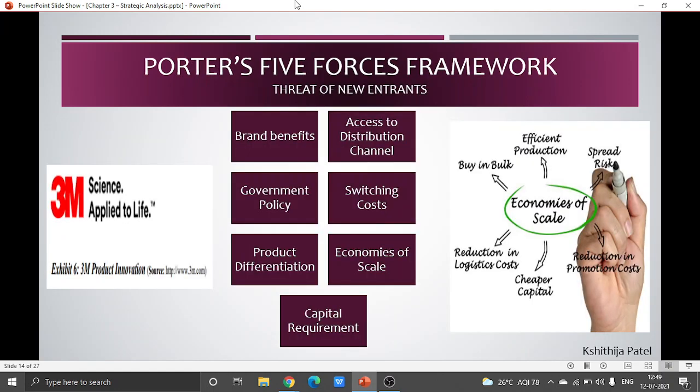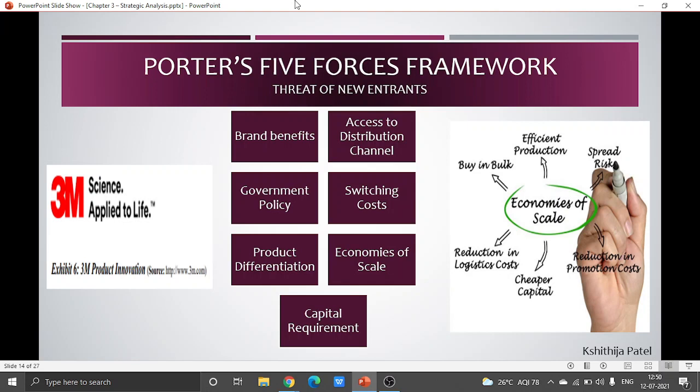So the first one, let us take, is threat of new entrants. Any industry that has the potential for growth and is perceived to be profitable tends to attract new entrants. These new entrants are firms interested in investing, especially to avail the opportunities which lie ahead within the industry.